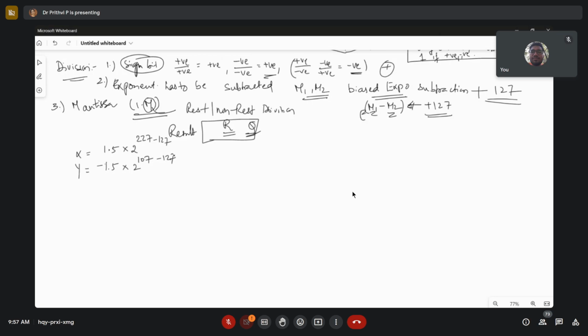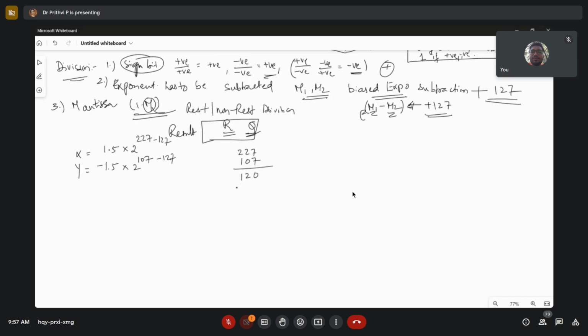So what is the resultant exponent we get? The sign bit we leave for a moment. Now see, what is the resultant exponent? 227 minus 107 we are doing. Yes or no? What is the result now?